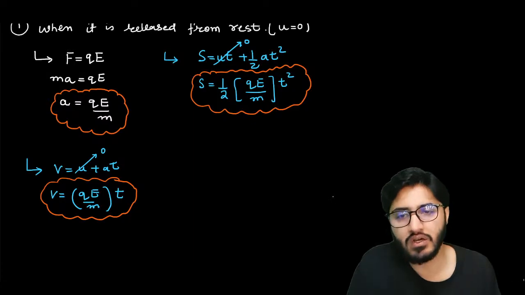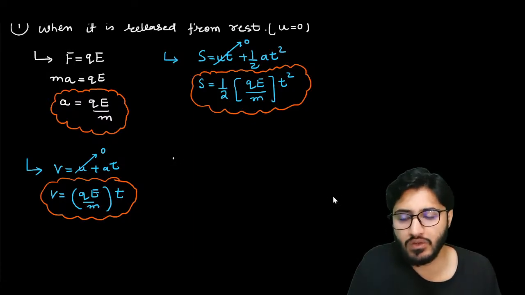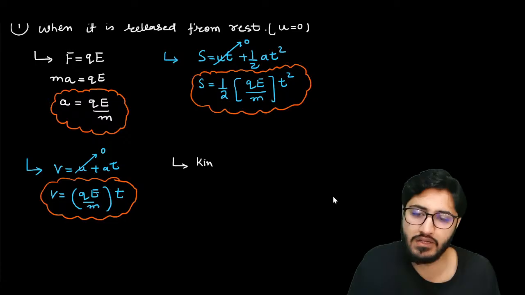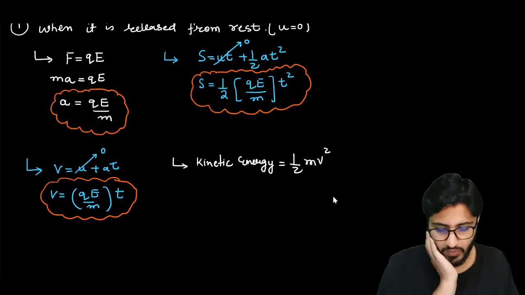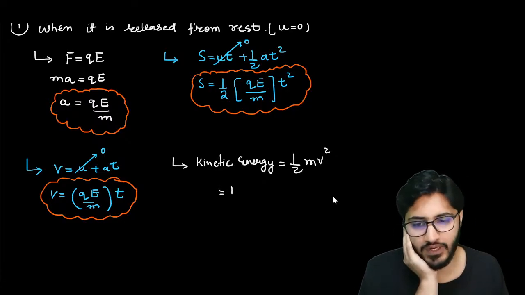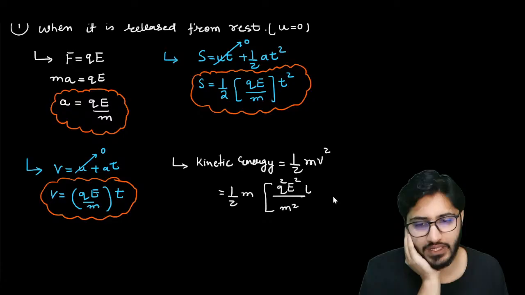Done? What will be my kinetic energy? Kinetic energy is equal to 1 by 2 mv squared. I can write here 1 by 2, mass is m, V squared is Q squared E squared t squared by m squared. One m cancels out.